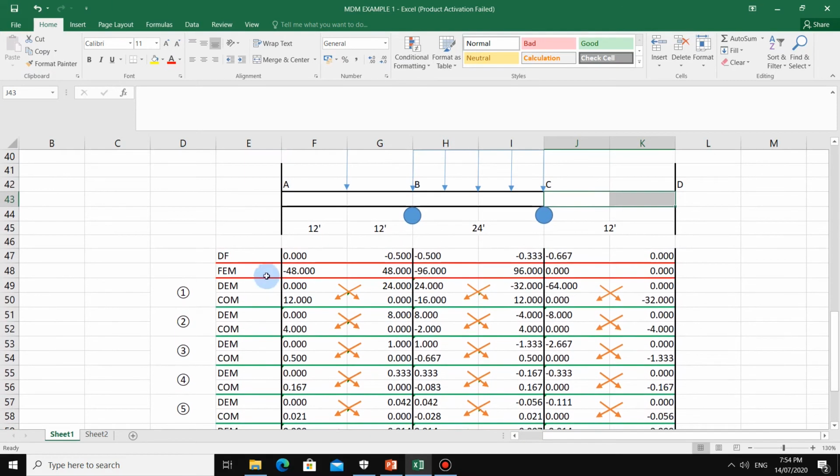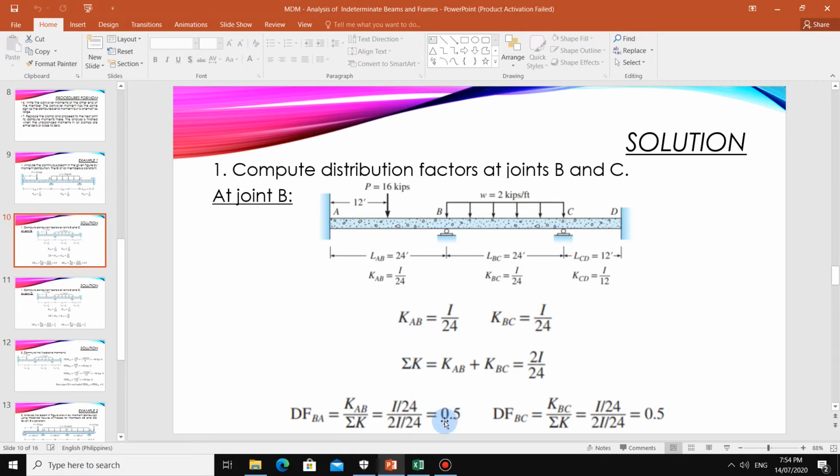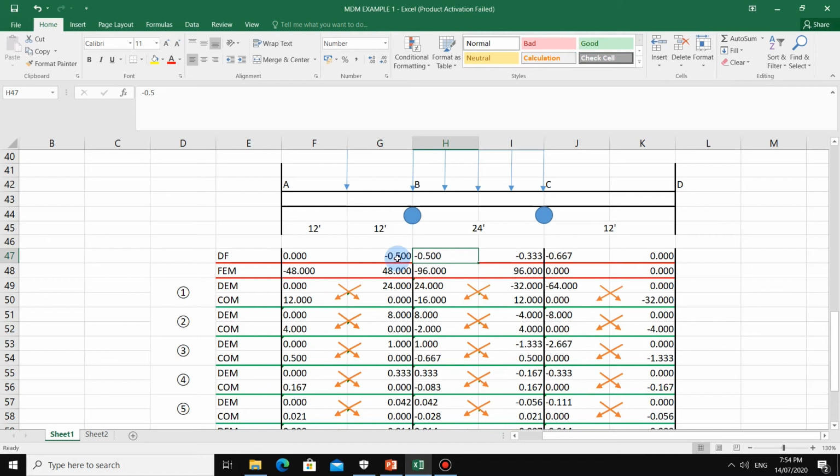Okay, so to plug in, you make the line diagram, the lines that separate the segments, then place the distribution factor here. In these boxes, you place the distribution factor. So 0 for DFAB, since it is a fixed support. Then negative 0.5. I will explain later why it is negative. What we got earlier were positive DFs at joint B, but I made them negative, I will explain later. Then for DFBC negative 0.5, for DFCB negative 0.333 or 1/3.